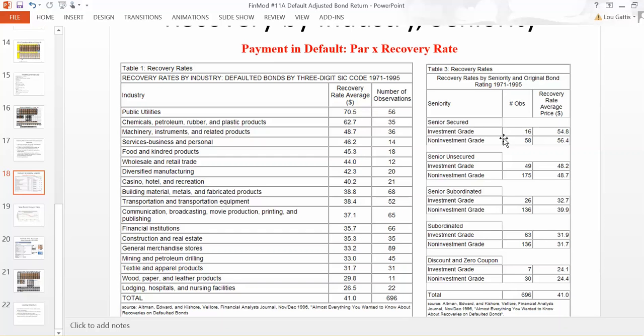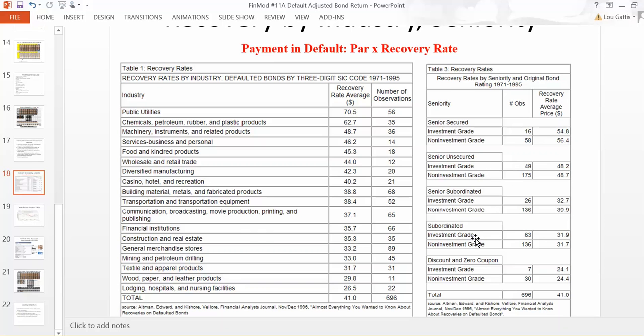Here's some data saying that recovery rates, if there were, say, the average senior secured bond had these recovery rates for investment versus non-investment grade, versus senior unsecured, versus senior subordinate, versus subordinate, and so on.